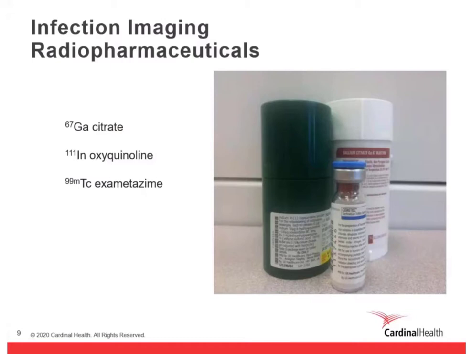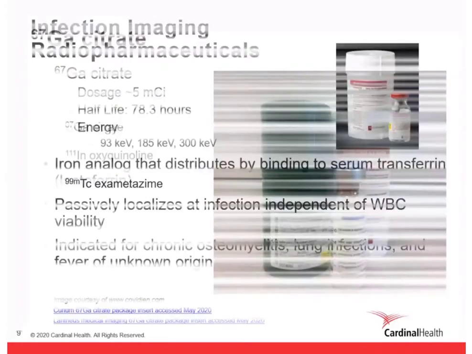Technetium didn't really hit the market until the mid-1980s. Finally, in 1988, the FDA approved our final drug, and that's the Tc-99m exametazime. So 3 products: gallium citrate, indium-111 oxine, and technetium-labeled exametazime.